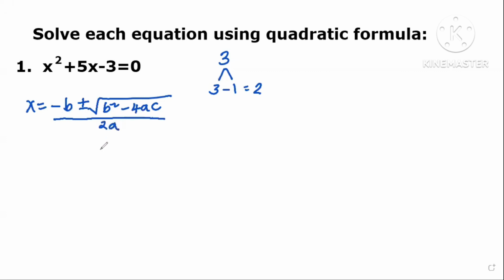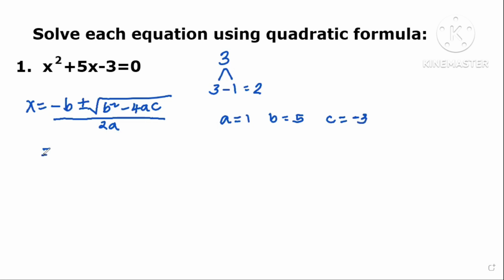Now, by the way, before we use the quadratic formula, you have to make sure that your quadratic equation is in standard form. Now, this is already in standard form, so we can now take the values of a, b, and c. So, our a is equal to 1, b is equal to 5, and c is equal to negative 3, right?